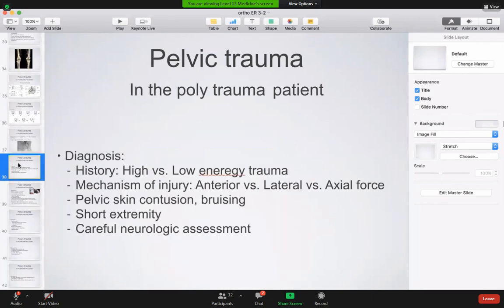In history, you have to ask about the energy. The mechanism of energy is very important: anterior versus lateral versus axial force, pelvic skin contusion, bruising, short extremity, and careful neurological assessment.